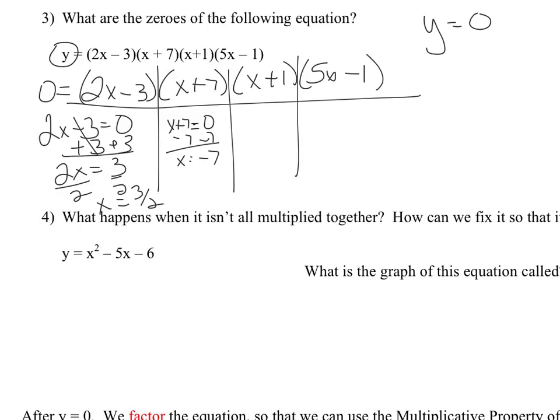Yes, you should do this particular step here and show the work. However, you could just go x equals negative 1. We really don't mind. Okay? What we do mind is when you have an equation like this, 5x minus 1 equals 0.